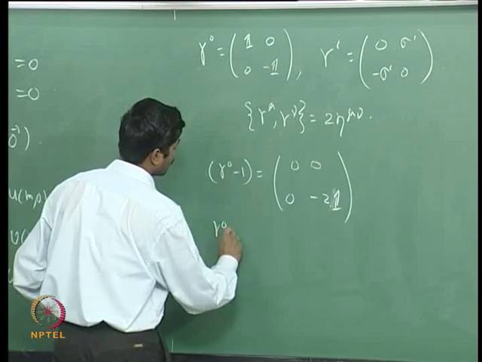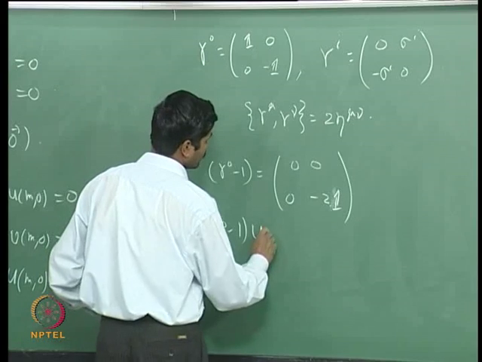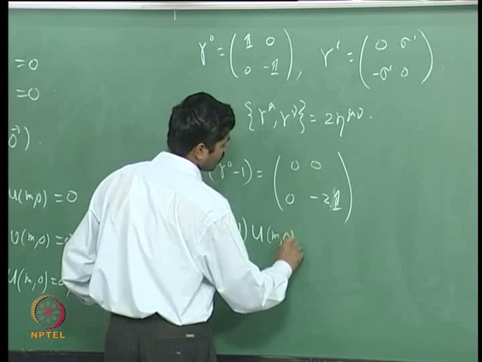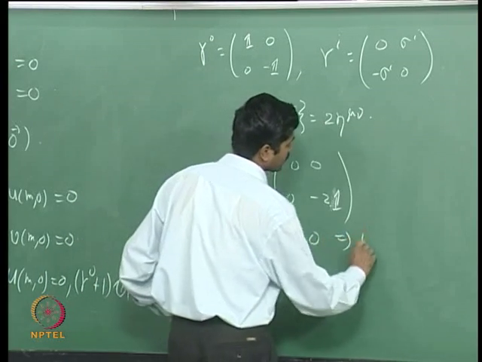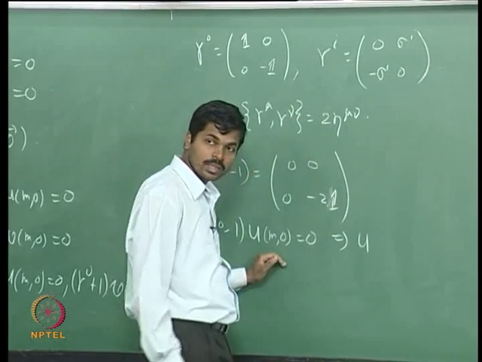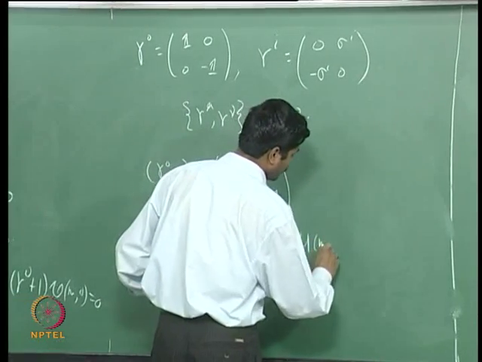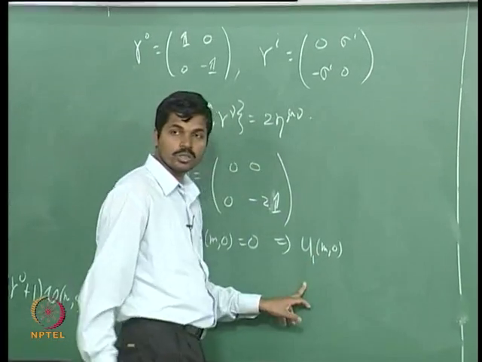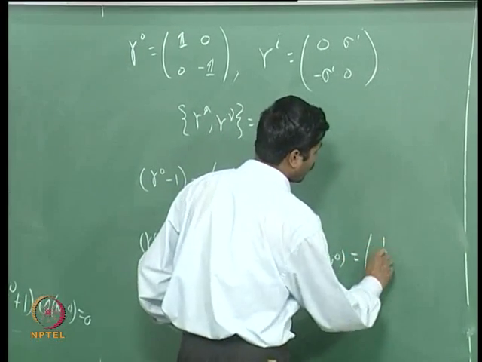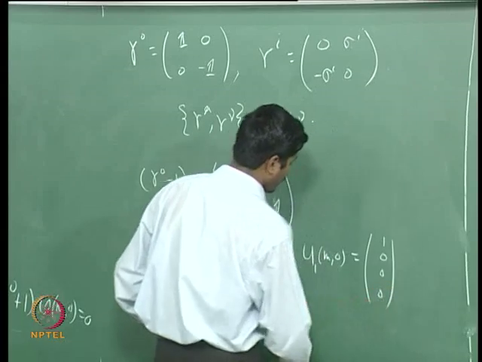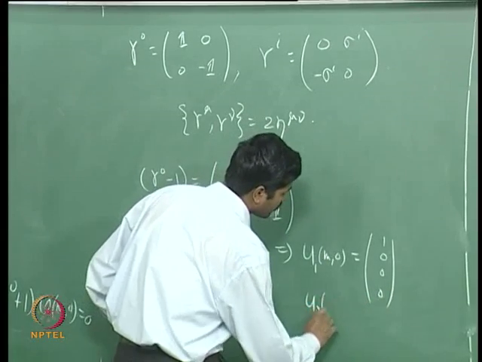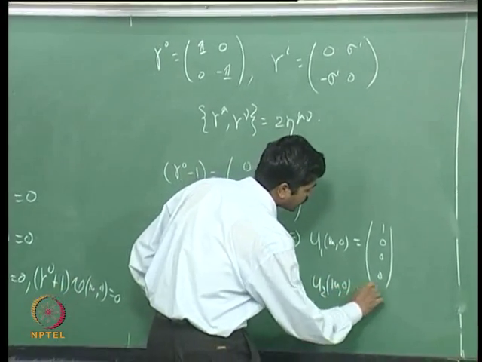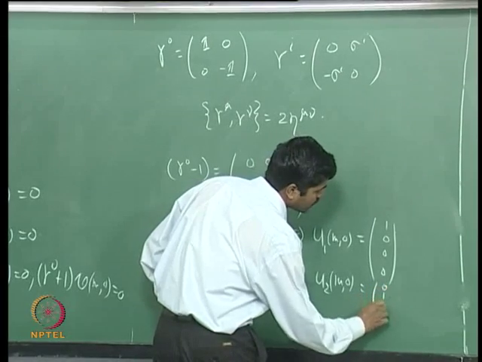Therefore, (gamma 0 minus 1) u of (m, 0) equal to 0 implies there are two linearly independent solutions for u of (m, 0), which I will denote as u 1 of (m, 0), which is (1, 0, 0, 0), and u 2 of (m, 0) is (0, 1, 0, 0).